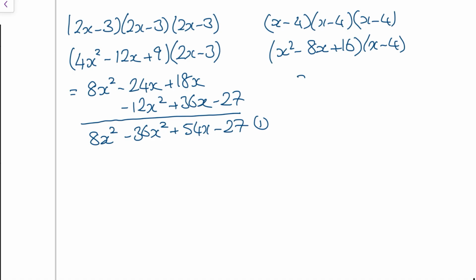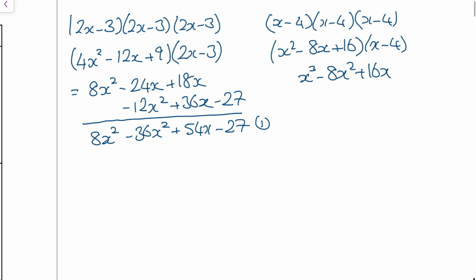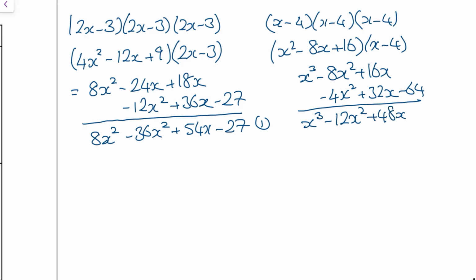So x times everything is going to give me x cubed minus 8x squared plus 16x. Multiply everything by minus 4 is minus 4x squared. Minus 4 times minus 8 is plus 32x. And minus 4 times 16 is minus 64. And let's add all this together. So that's going to give me x cubed minus 12x squared plus 48x minus 64.